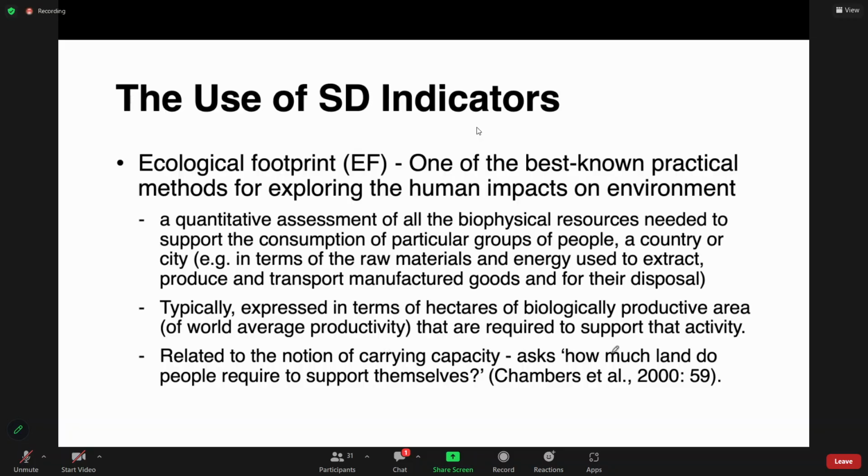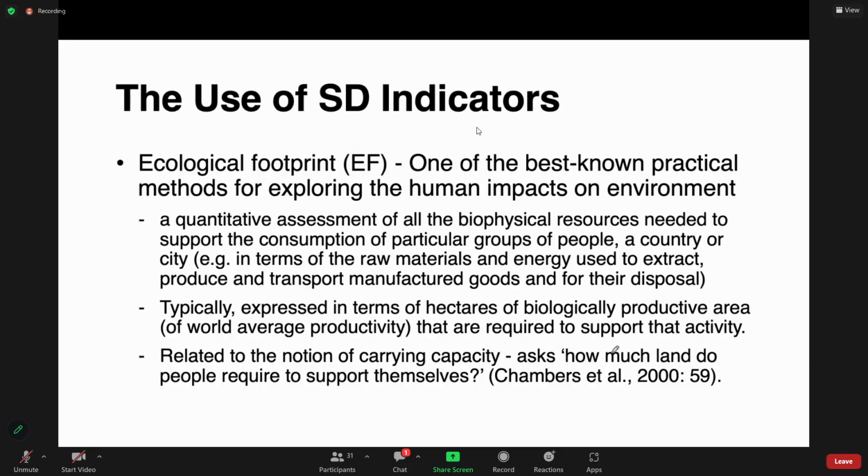So you're trying to quantitatively assess the total biophysical resources that are needed to support the consumption activities of a particular group of people. It could be people in a country or the world as a whole. So basically how much raw materials and energy is needed to produce and transport the goods that that group of people consume, usually within a year.